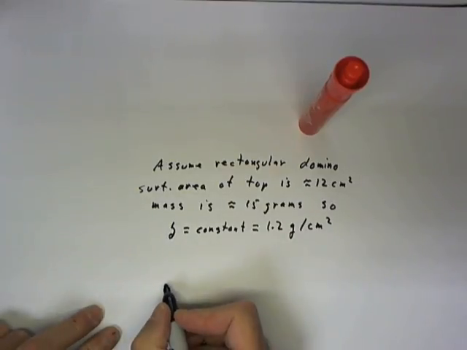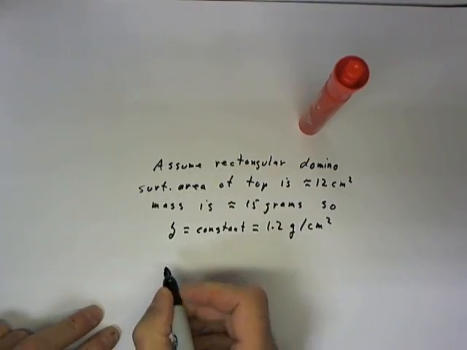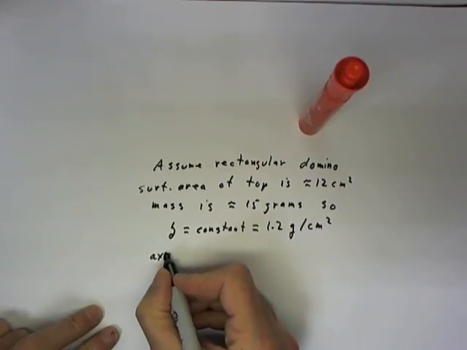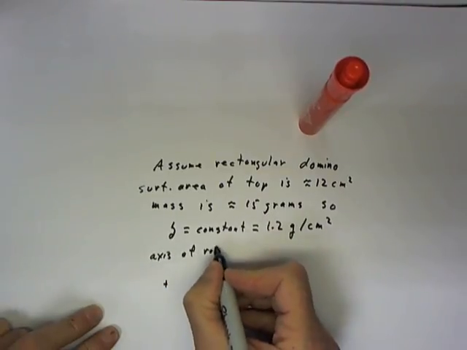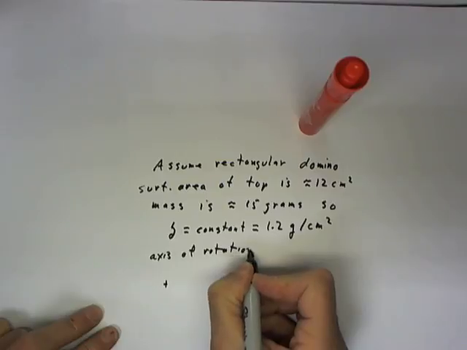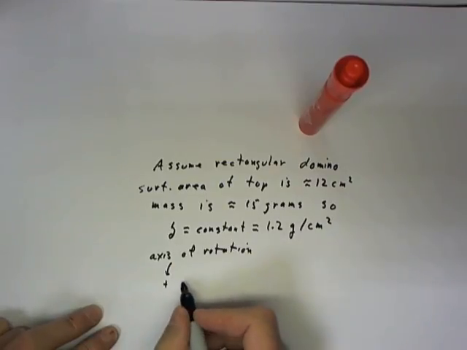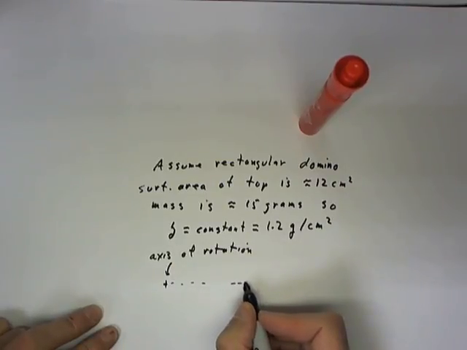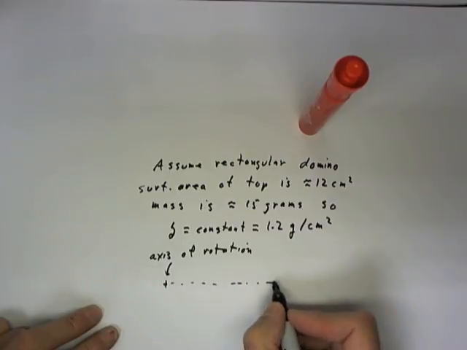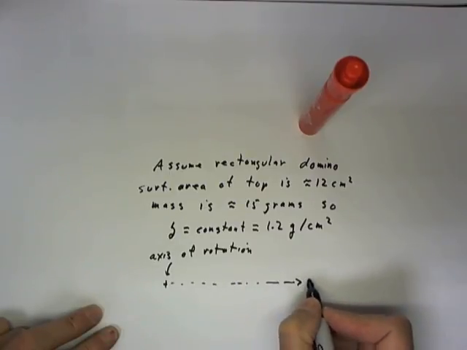Now let's assume that the axis of rotation is right here. And the domino is out here along an axis that we'll call the x-axis.